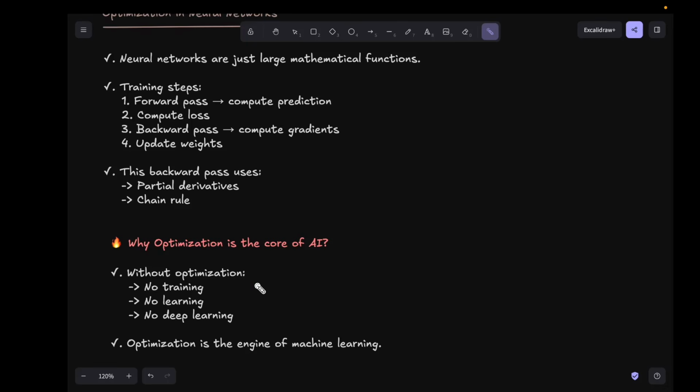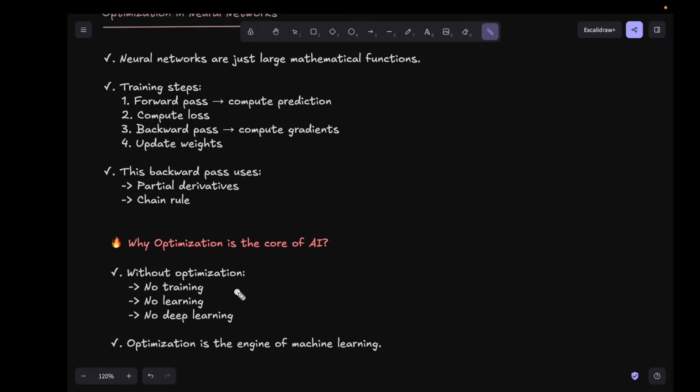Like when we go down the foggy mountain step by step, without optimization we don't know the steepest downhill direction, so we cannot get the learning rate.